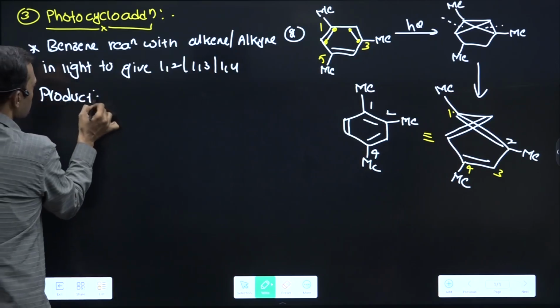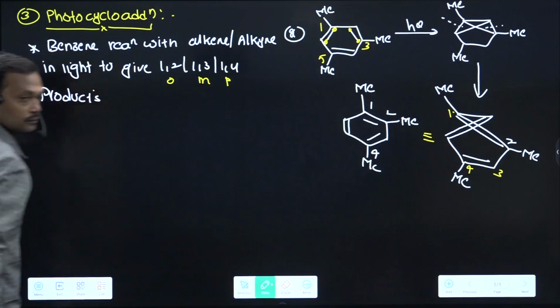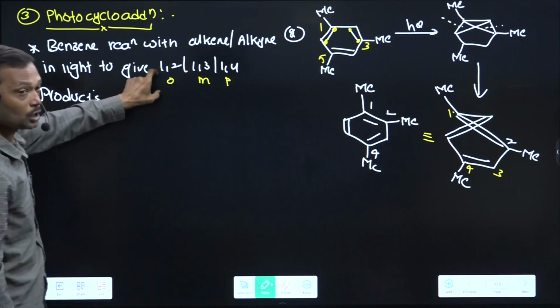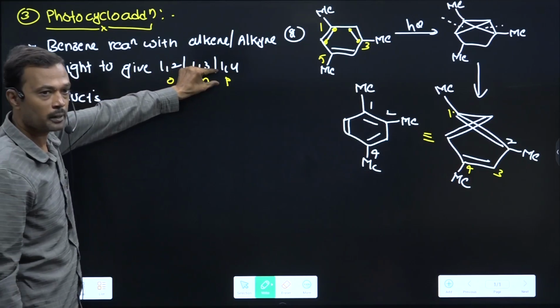So 3 products are possible. This is called ortho, meta, para. Benzene undergoes photocycloaddition with alkene or alkyne in light. 1,2 is ortho position, 1,3 is meta position, 1,4 is para position coupling.